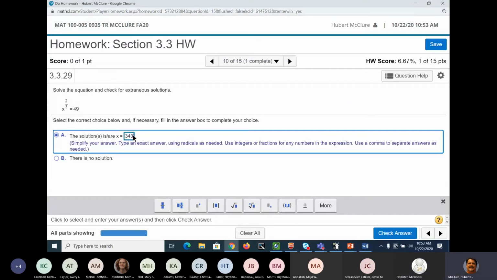Well, they must want the positive or negative. Let's see. Well, that's going to be positive or negative 343. Yeah, it could be positive or negative 343.